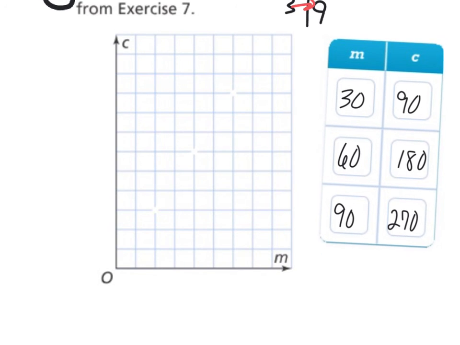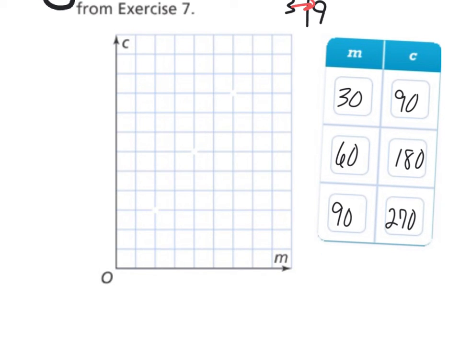All right, so for the minutes, I went up to 90 minutes. Looks like we can go by tens and be okay if you want. If you want to go by 30s, that would work as well. For the calories, those are going up quicker, so we're not going to be able to go by tens and get up to 270.